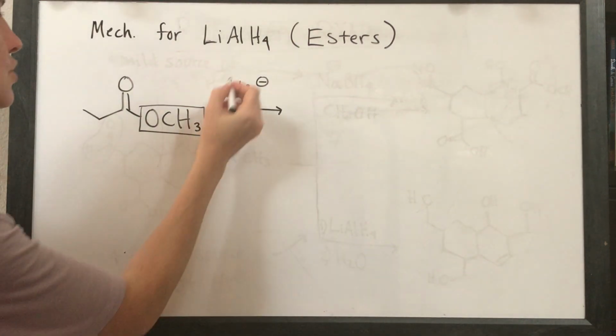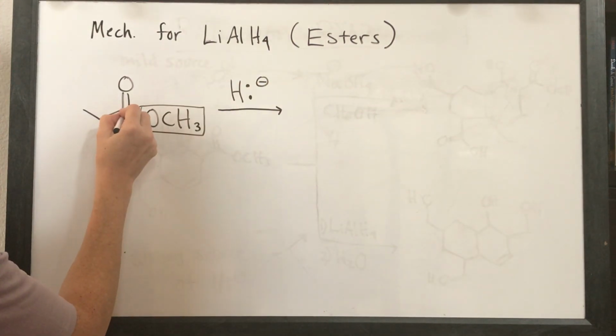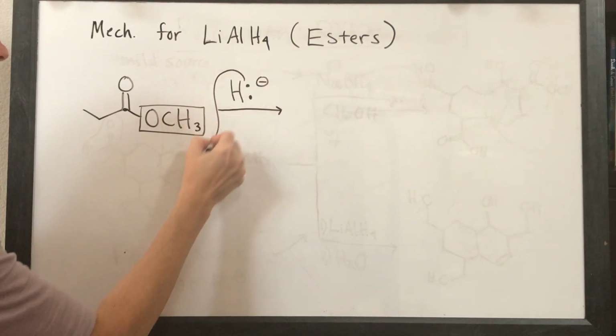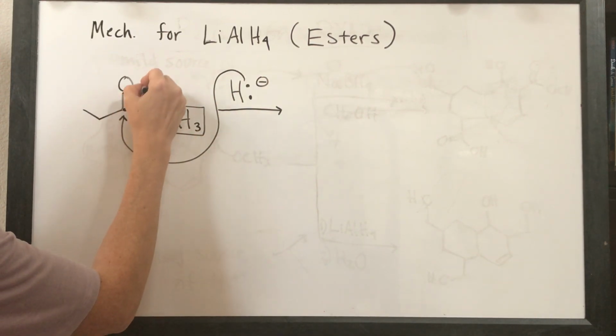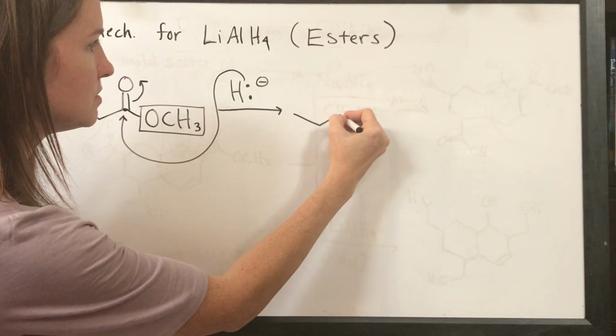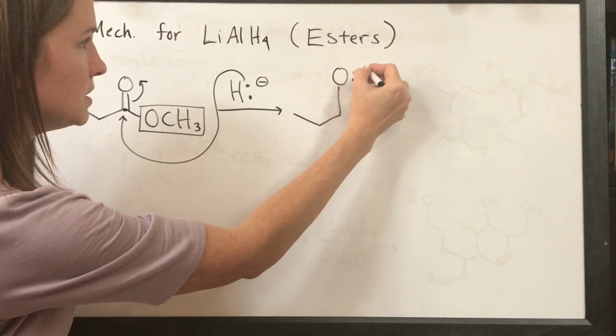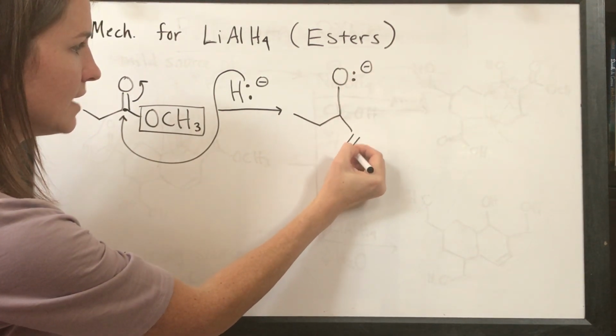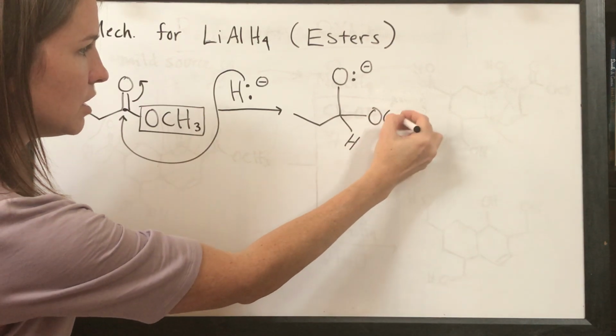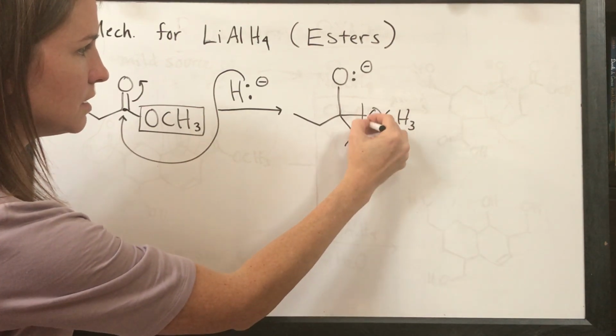So just like with sodium borohydride, it's going to attack this partial plus carbon. Nucleophile attacks electrophile. Initially, that kicks electrons up to the oxygen. Dot dot minus. I've added a hydrogen, and I still have on this OCH3.